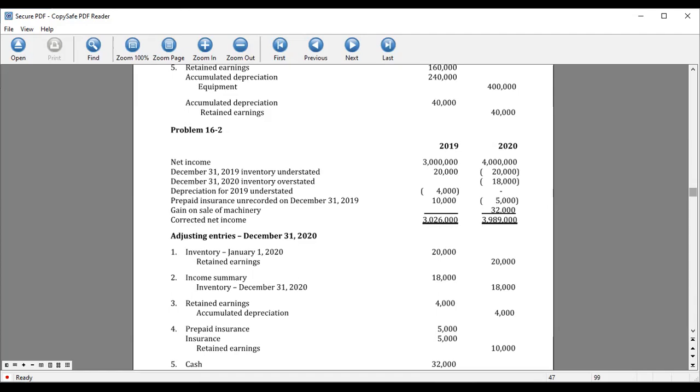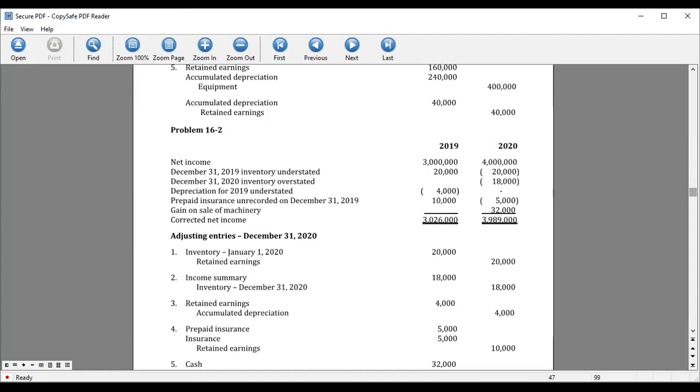Now, if you are going to prepare an entry for this, the entry is to debit cash for 32,000, then debit to accumulated depreciation by 200,000, the fact that the machinery was fully depreciated, meaning the accumulated depreciation is equal to the cost.